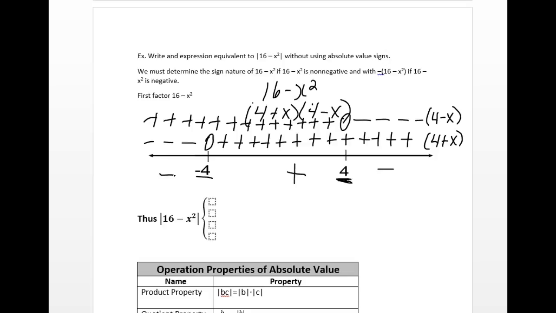Okay, and then we can write this in this form. It's saying the positive version of 16 minus x squared if x is, and so where is it positive?